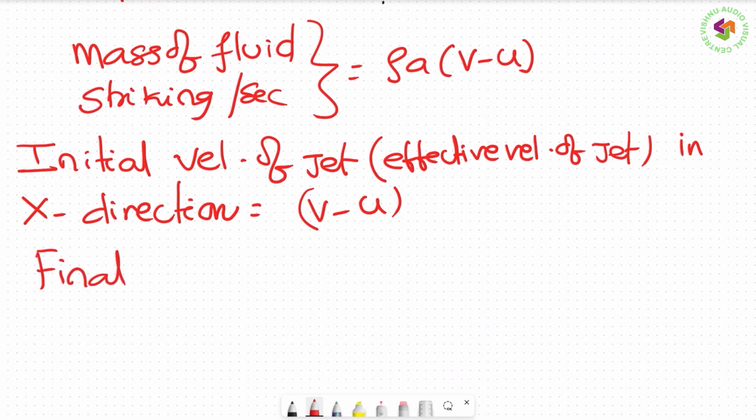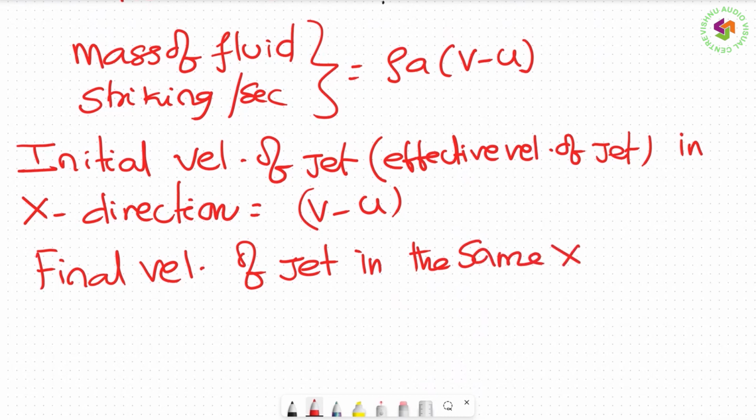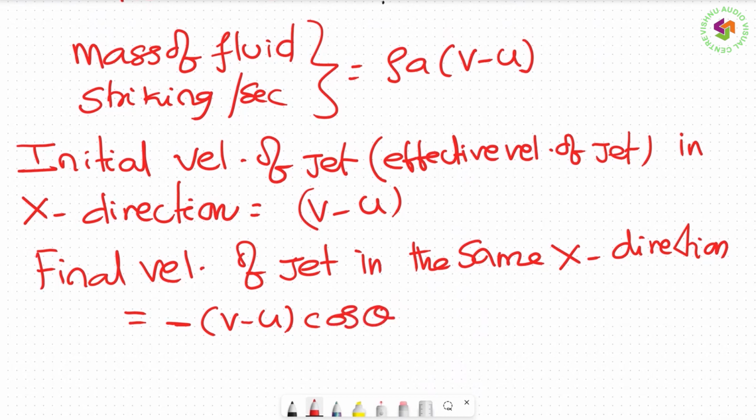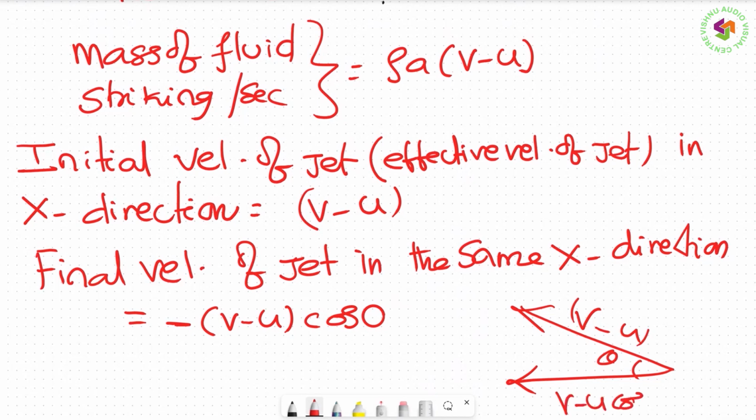Therefore, final velocity of jet, that means effective velocity in the same x direction, is equal to minus of minus V minus U cos theta, because this is how it leaves. So this is V minus U cos theta, and this is V minus U sin theta.